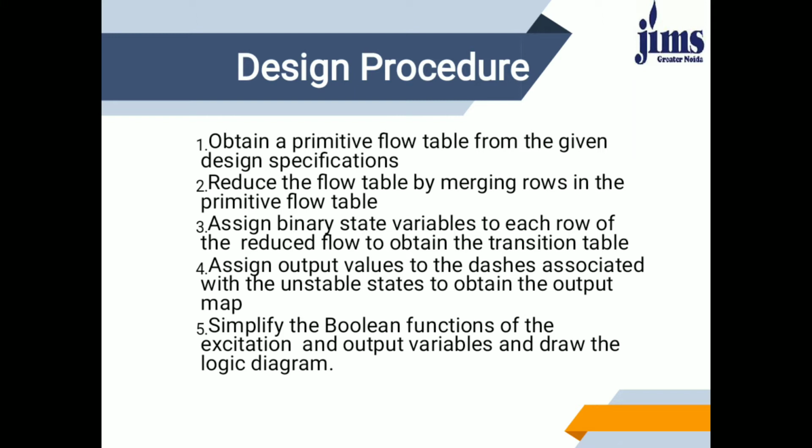Now, assign output values to the dashes associated with the unstable states to obtain the output map, and then simplify the Boolean functions of the excitation and output variables. Then we will draw the logic diagram.